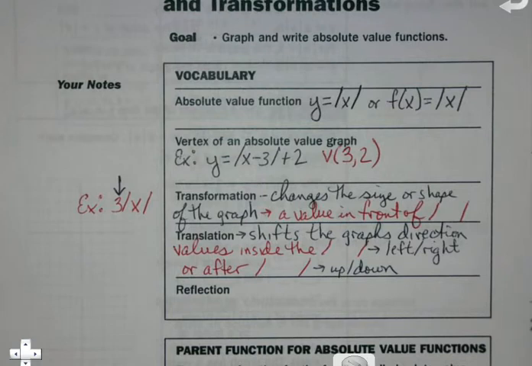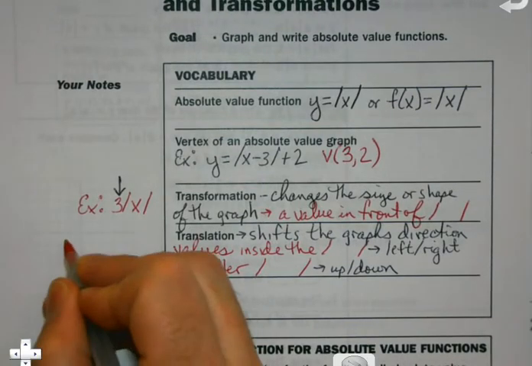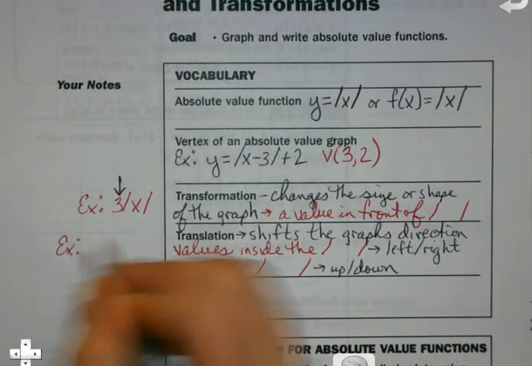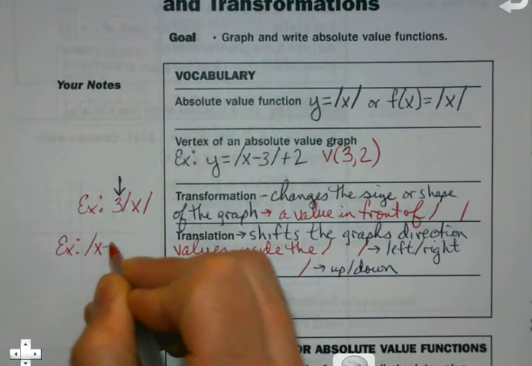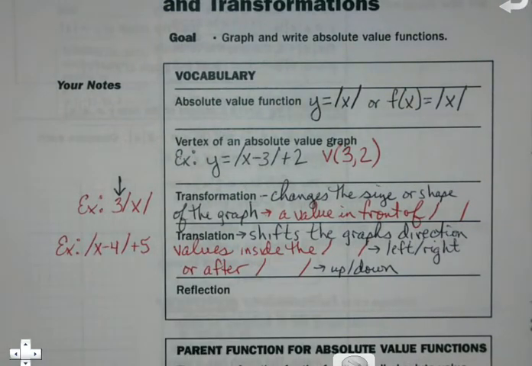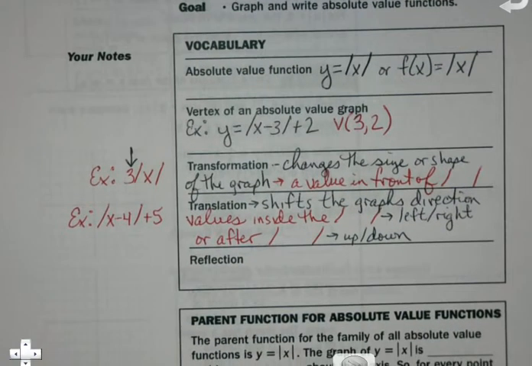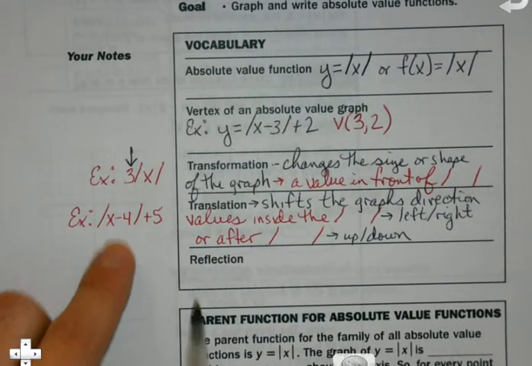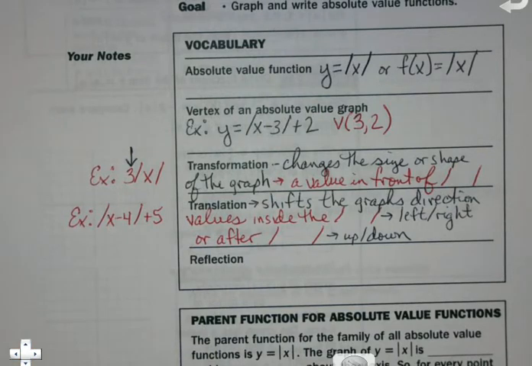So let's say, for example, I had the absolute value of x minus 4, plus 5. And that's what I was looking to graph. What that would tell me is inside, it's going to be the opposite of what I would think.